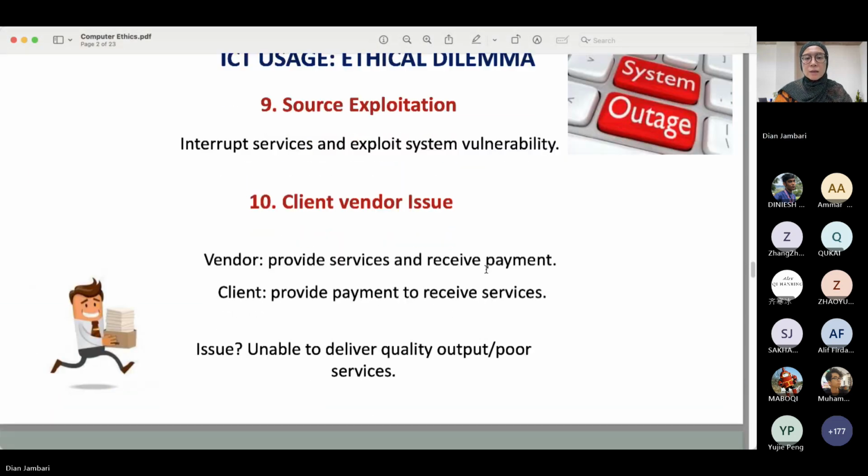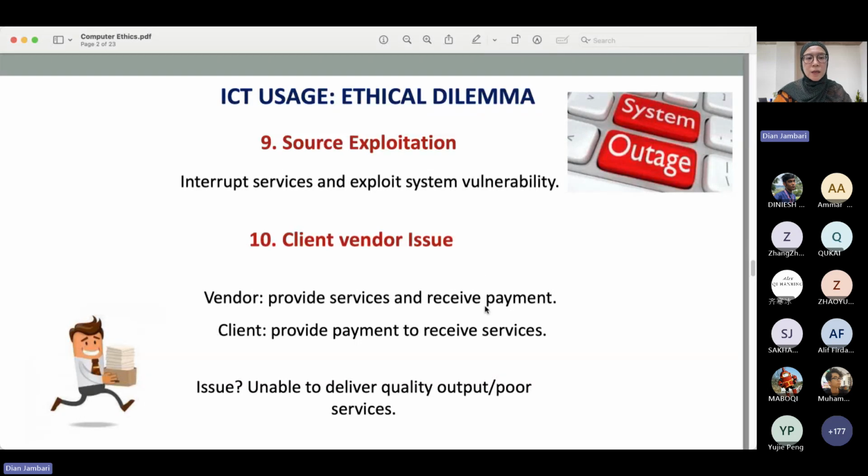Okay, and then what are some other ethical dilemma that can happen? Is source exploitation. We can be in a situation where we have a dilemma ethically when the service or the computer service or the system is being exploited or interrupted.